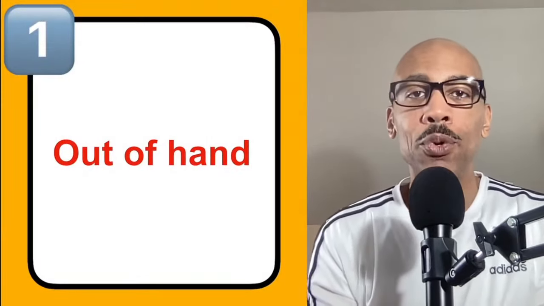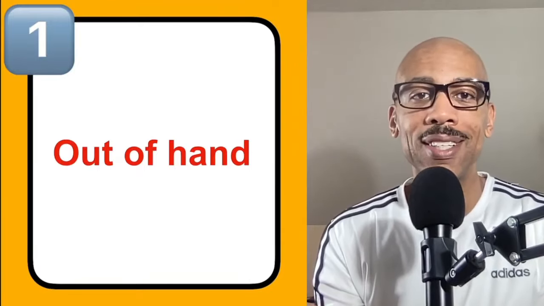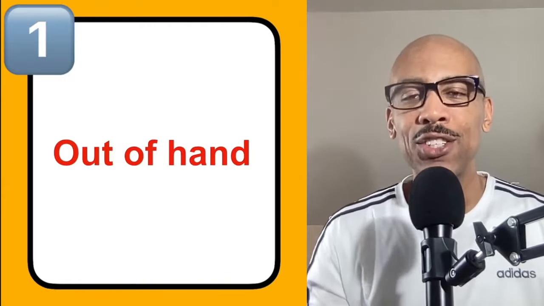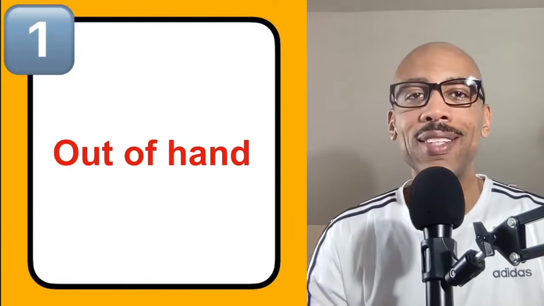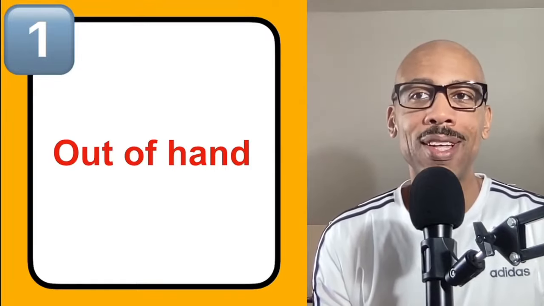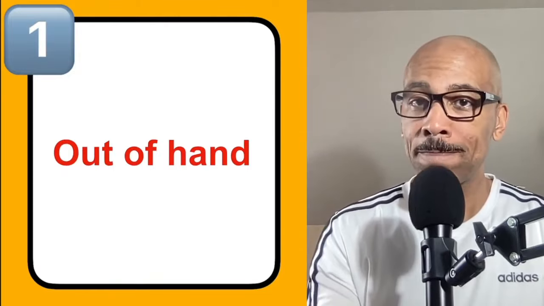The first example of a prepositional phrase with the word out is out of hand. So you may say to someone, you know what? I don't want to talk anymore. This discussion is getting out of hand.